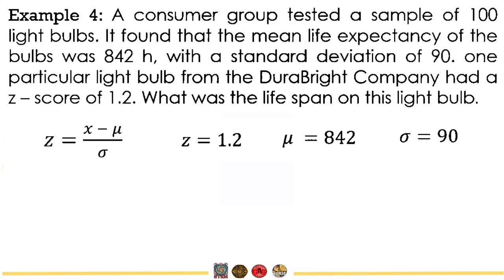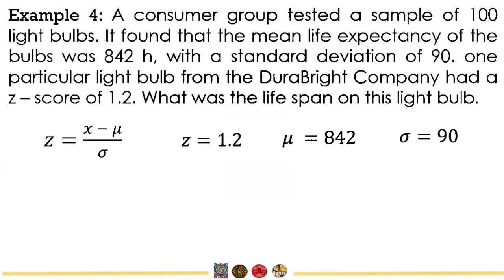We can multiply both sides by 90, right? So that 90 can be cancelled. On the left side, 1.2 times 90. So what is 1.2 times 90? 108. Okay, so we will have 108. Then on the right side, 90 will be eliminated. The denominator will be cancelled. And we will be left with x minus mu, or x minus mean.